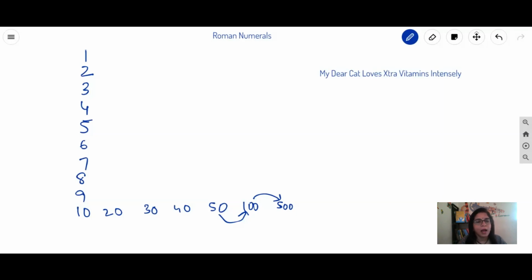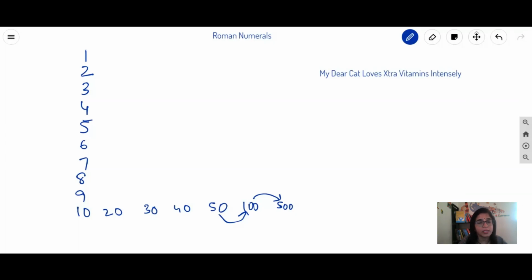Now, the very interesting things about these Roman numerals. In our decimal system, we have 10 different digits: 1, 2, 3, until 0, right? After we have used up all the 9 and the 0, that's when we start to write it in a different way, isn't it? The two-digit number 10 comes.